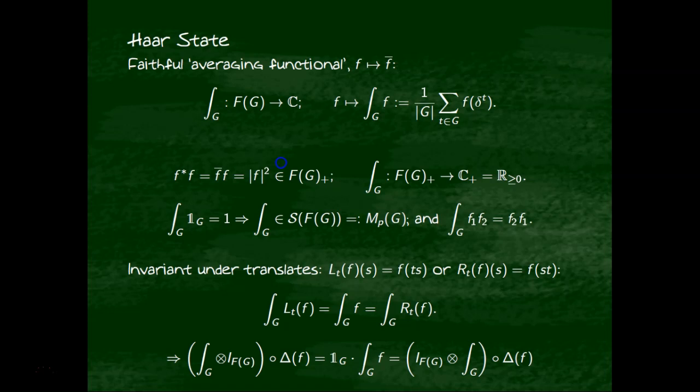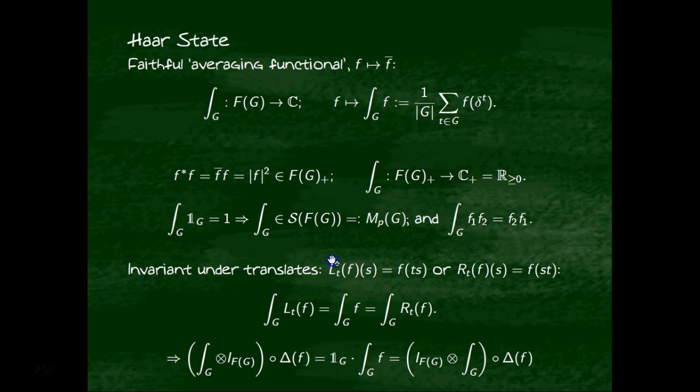Tracial, which I haven't got written down here, means that if you take the average of function 1 by function 2, you get the same as the average of function 2 by function 1. I think I was trying to write it here, but I'm missing the other integral, so that you can change the order here. Now, of course, in this, we're still talking about the commutative algebra of functions. This is true, definitely.